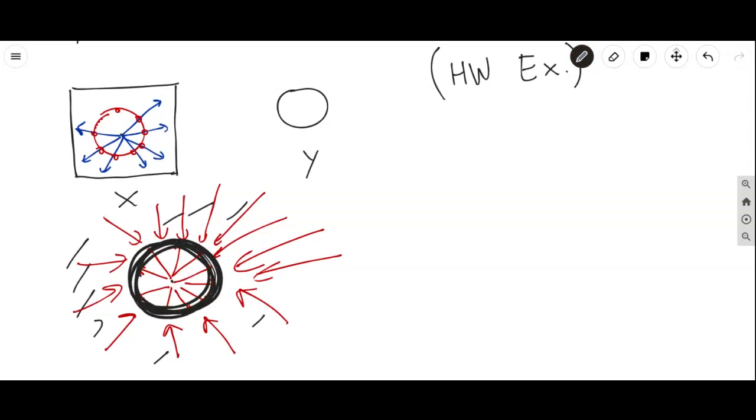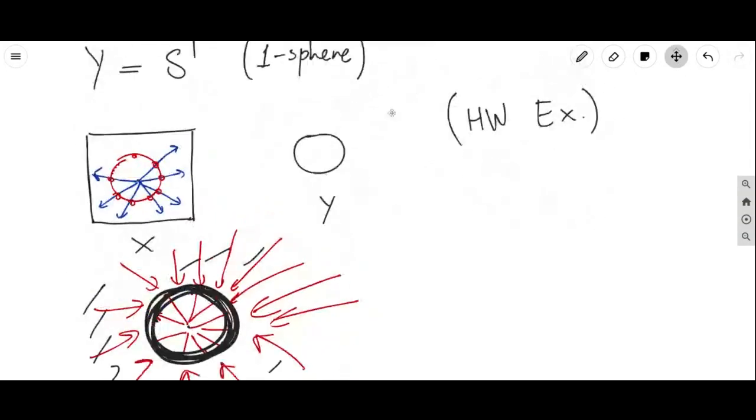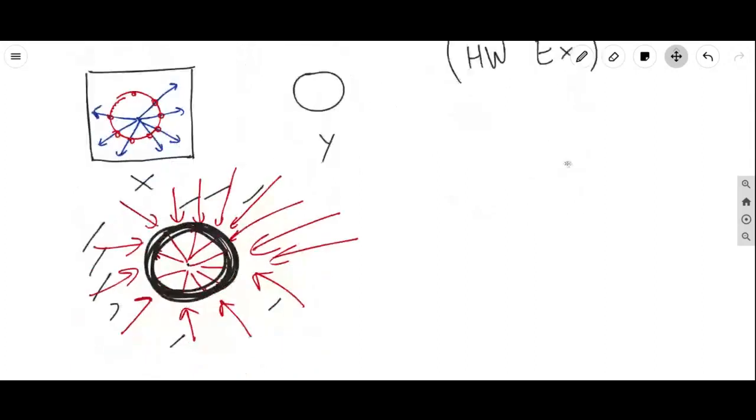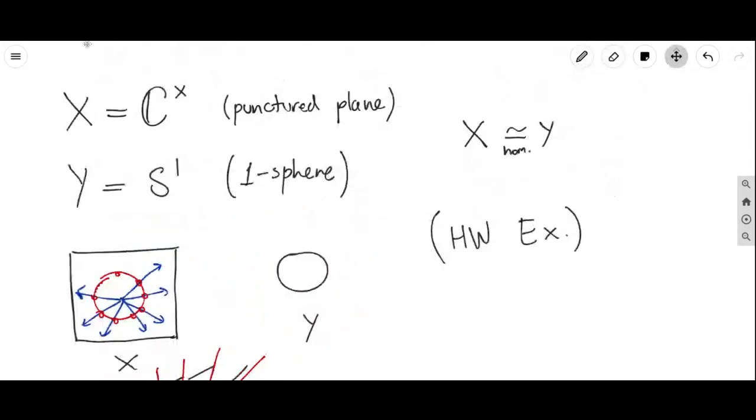And so the idea is that these two are therefore homotopic to each other. These pictures give you a sense of how to construct the homotopy equivalence. I think that would be a good homework problem for you to think about how to construct that homotopy equivalence.